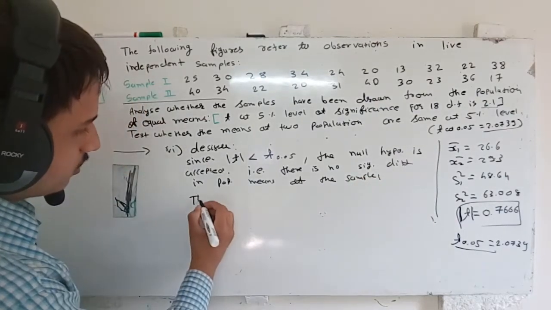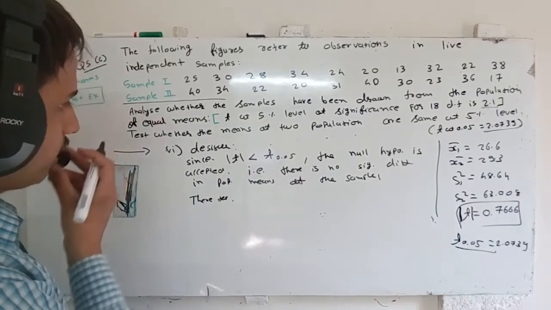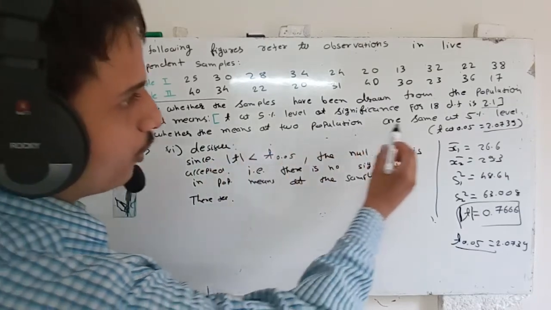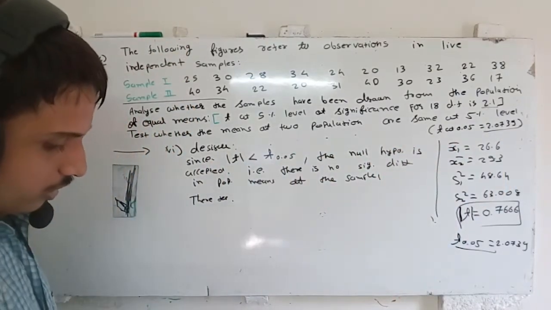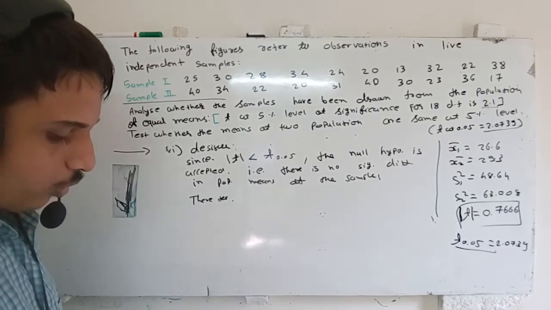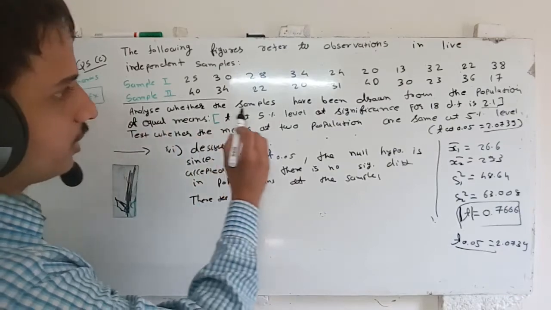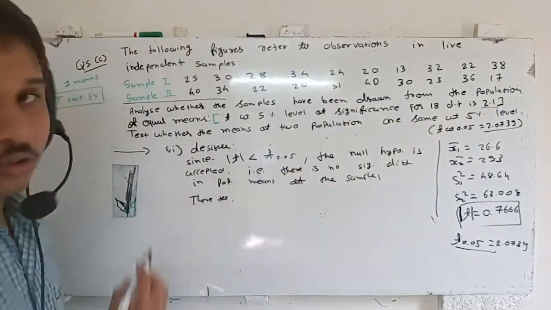Therefore, in the question it was also asked to test whether the means of the two populations are the same at the 5% level. So we have to analyze whether the samples have been drawn from populations of equal means or not.